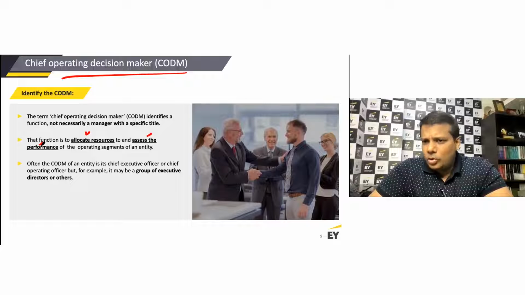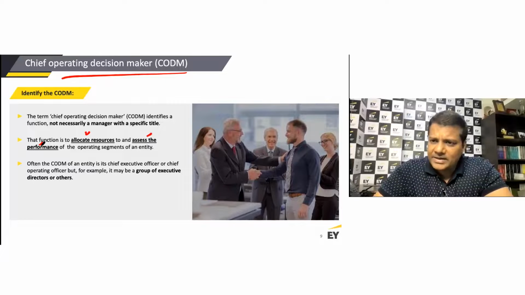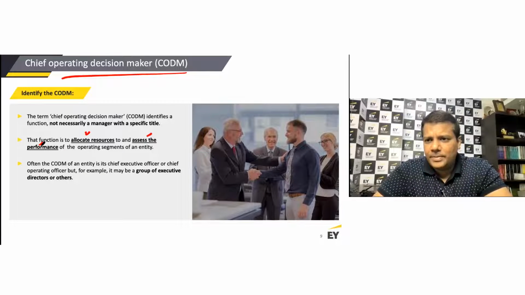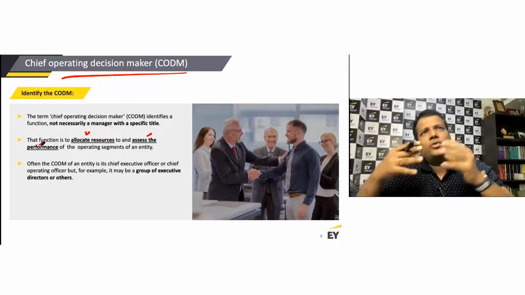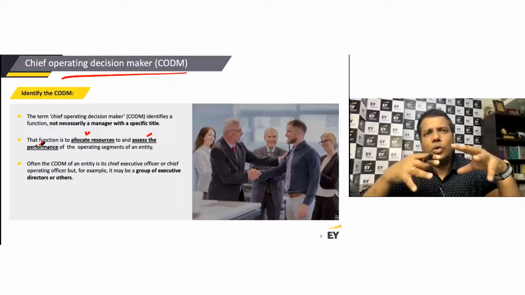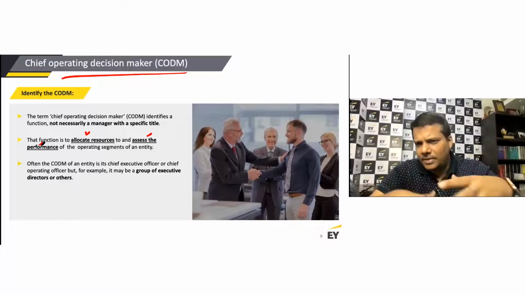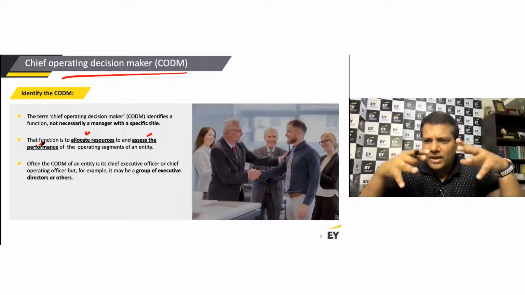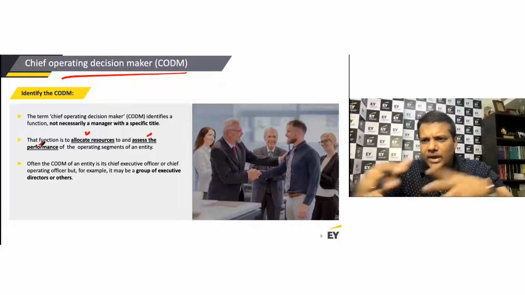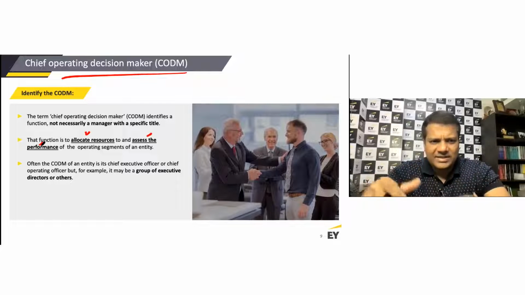But for example, it may be a group of executive directors. Many times we see that some of the decision making in a company is actually done by a committee of CEO, COO, and CFO all put together, or it may be a committee of the board, where the CEO reports to the board and a committee of that board takes decisions. So this is the first step, and you have to go deep and ask some relevant questions about the company to understand, based on the fact pattern, which function takes decisions about allocating resources to assess the performance.